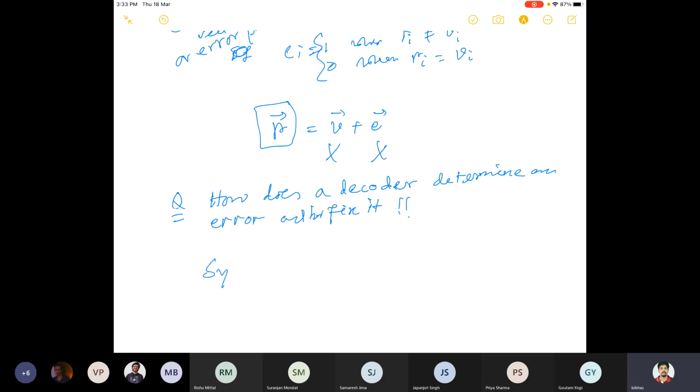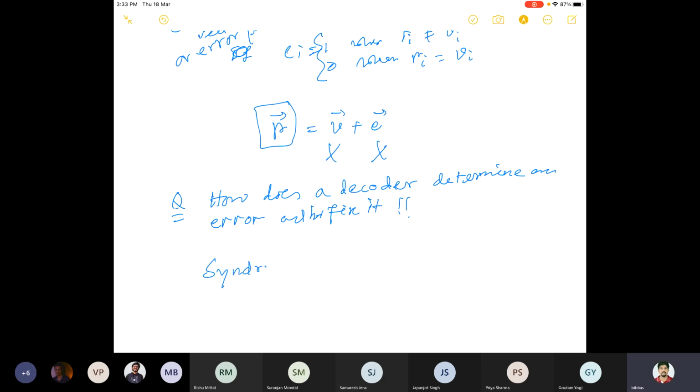I'll be talking about a decoding procedure, which is called the syndrome decoding procedure. So the decoder calculates what is called the syndrome of the received vector.